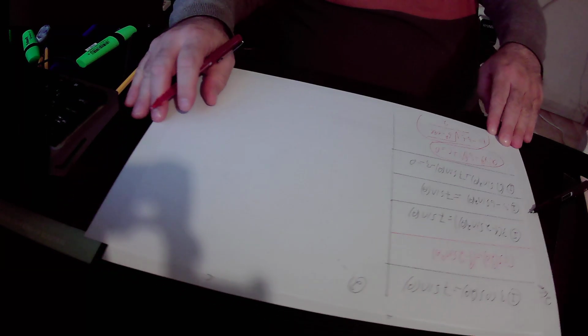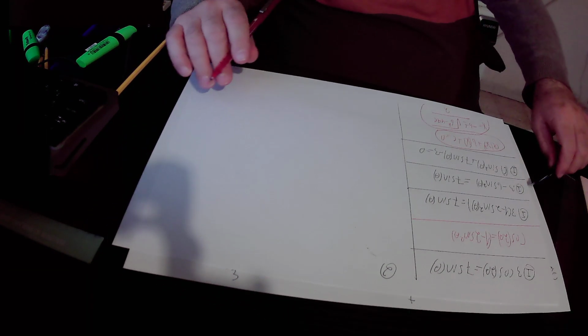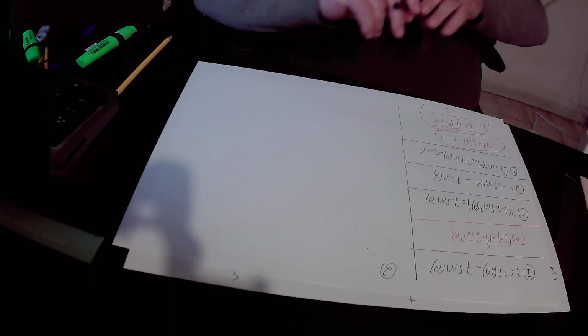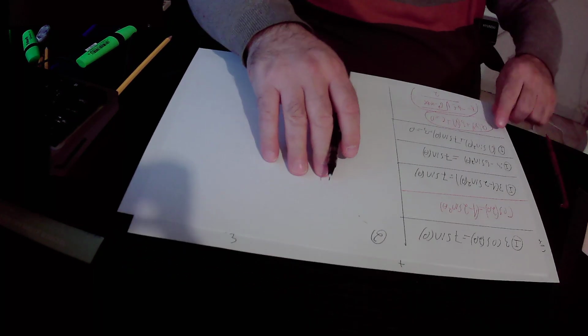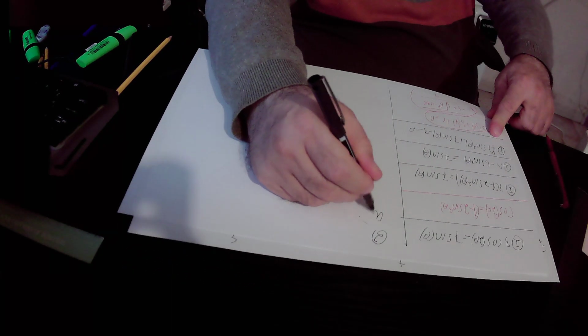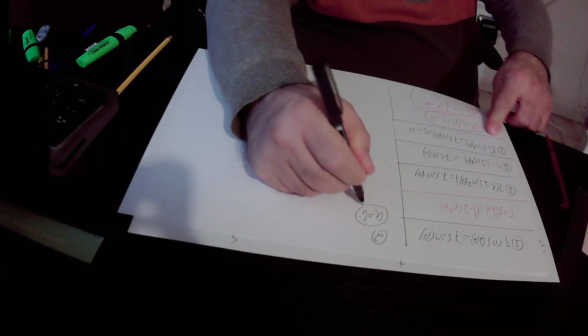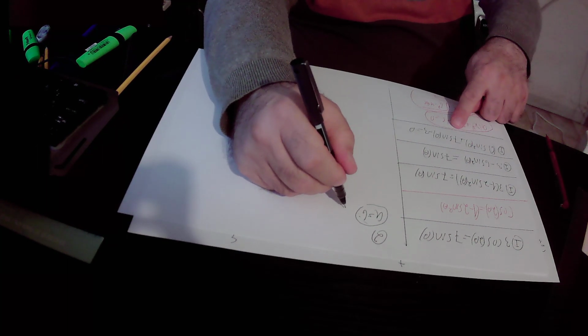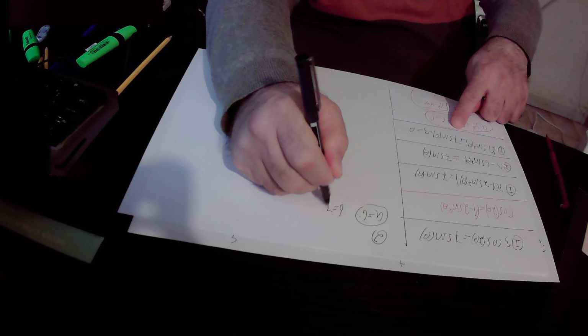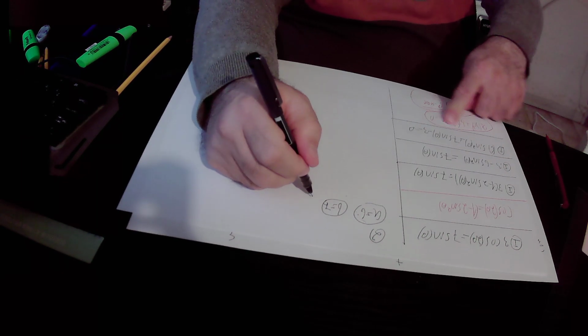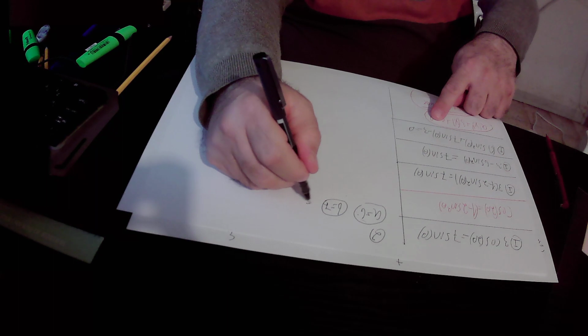And in our specific quadratic equation, we know that the coefficient a equals 6, the coefficient b equals 7, and the coefficient c equals minus 3.